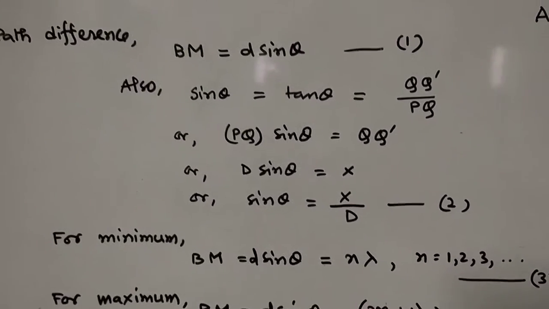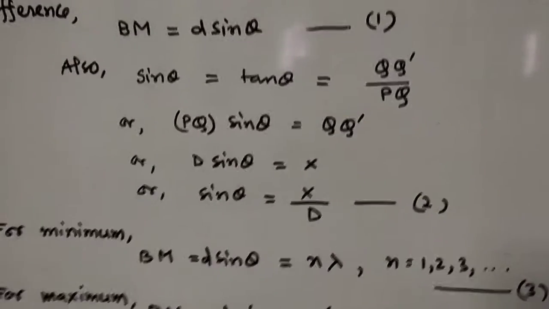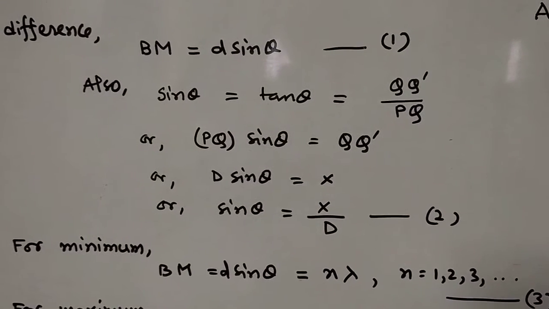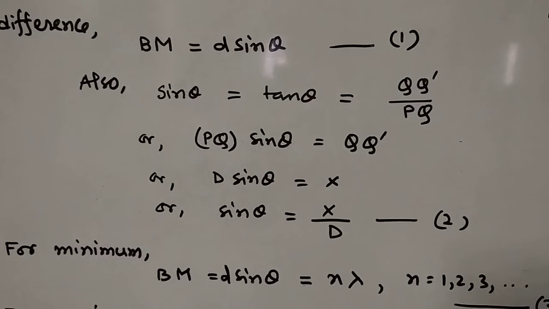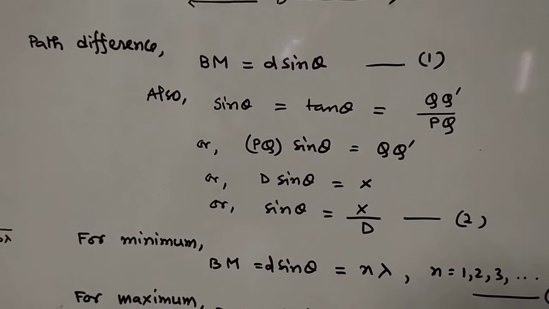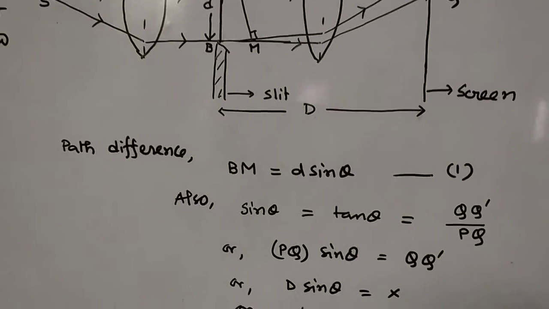Now it is found that when the path difference is a single lambda, then the Q dash point is a minimum. That is the first minimum they have considered. Now why does the minimum occur there? Path difference is BM, so it may have any value.